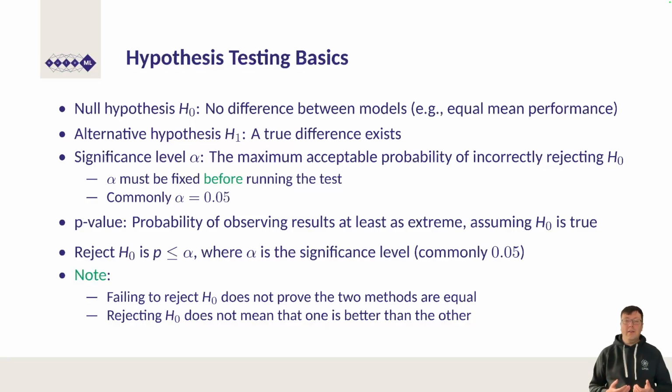It only means we do not have sufficient evidence to conclude they differ. So, absence of evidence is not evidence of absence. Second, rejecting H0 only tells us that the difference exists. It does not tell us which configuration is better, nor how large the difference is in any practically meaningful sense. For that, we need effect sizes.